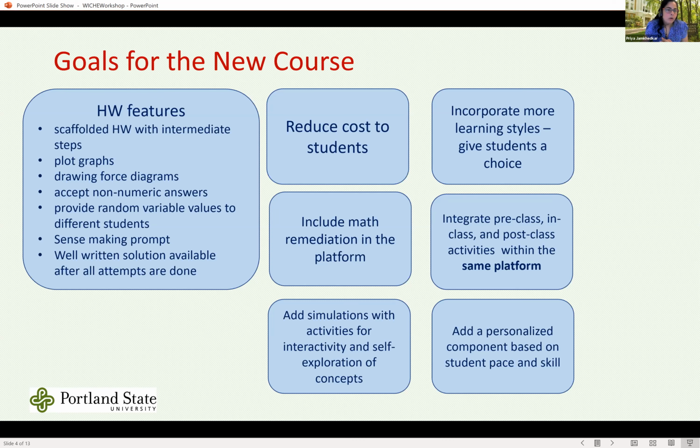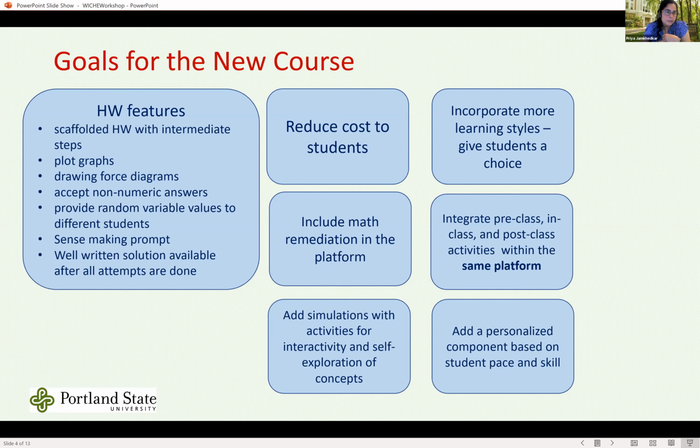So in this homework feature in our courses, we've tried to scaffold homework with intermediate steps. We've broken down homework by making them work through intermediate steps. Some homework needed students to plot graphs, so we have tried using GeoGebra for them to make graphs which can be assessed. So the graphs could be graded for right and wrong.